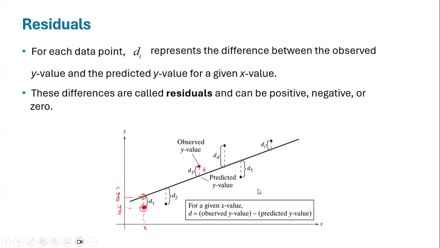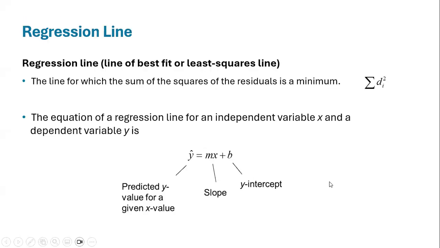Any line between the points for which the sum of the squares of those residuals is minimum is the regression line, and that's the line of best fit.